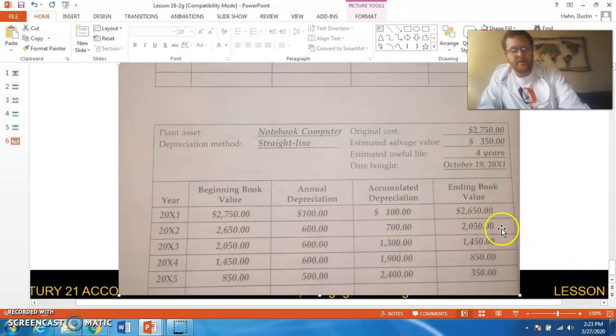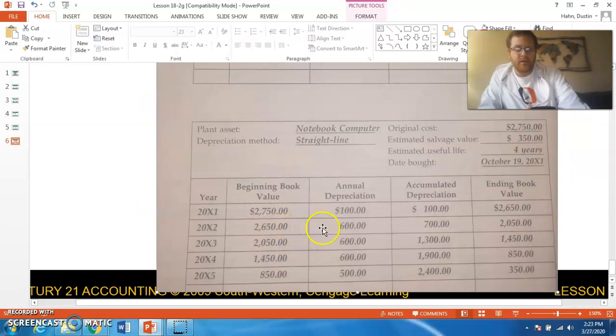That's where that 2,050 comes into play. Bring that 2,050 down. Again, we are going to have it for a total of 4 years. So right here, this row resembles 1 year, and this row only resembles 2 months. So right now we've had it for 1 year and 2 months. So this is still going to be a year because we have not got to the 4-year mark yet.